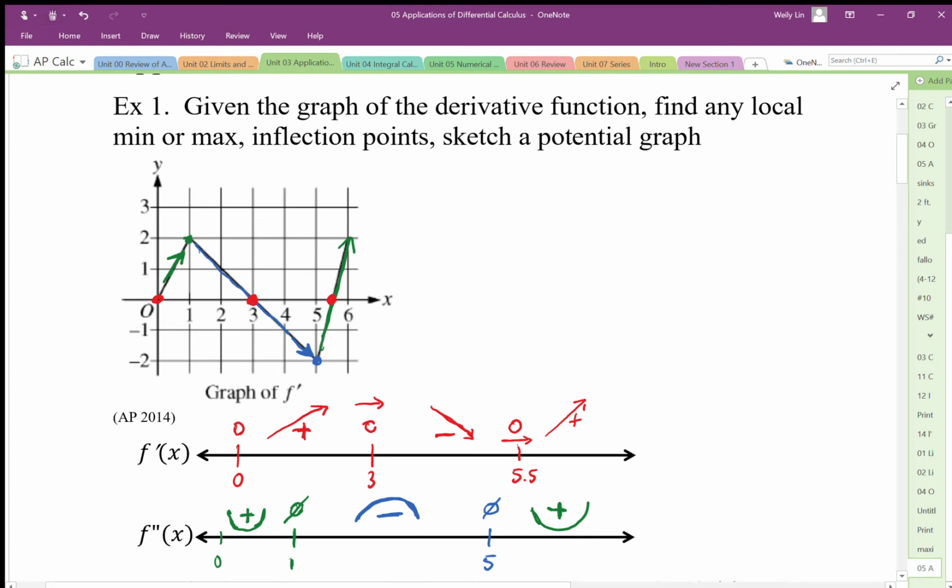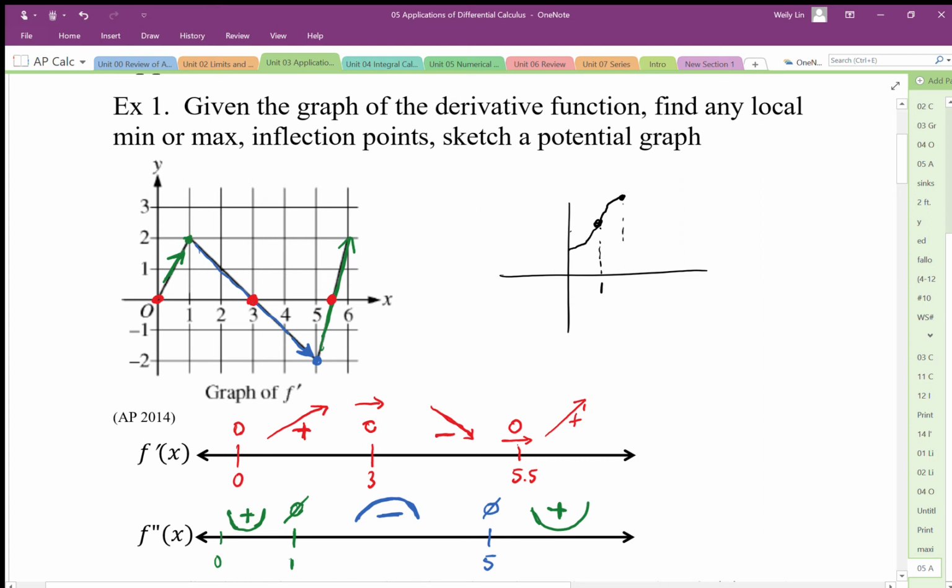If we're going to graph this function, we're going to start at 0. We don't know where the y-coordinate is, but it's going to start at 0. It's going to go like this. It's going to go up, sloping up, and it has a concavity change, and then a max. So it's sloping up like this, then it's going to change concavity. That change of concavity point is going to be at 1. So that's my inflection point.